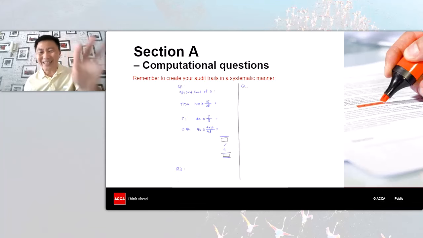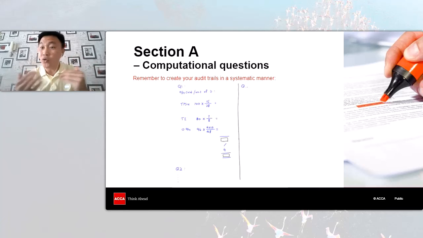But this is to ensure you leave the audit trail for you to come back later, before the time is running out, to cross-check and double-check your working, to confirm the answer of the choice that you chose. So that is the kind of habit I would suggest all consider.